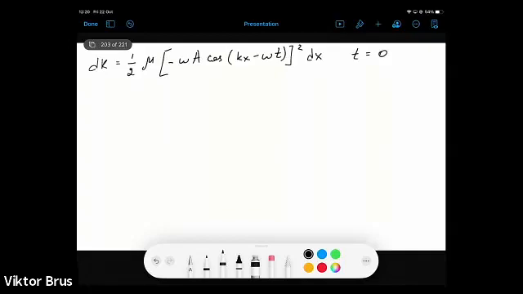Then we can write this kinetic energy as a function of position already.